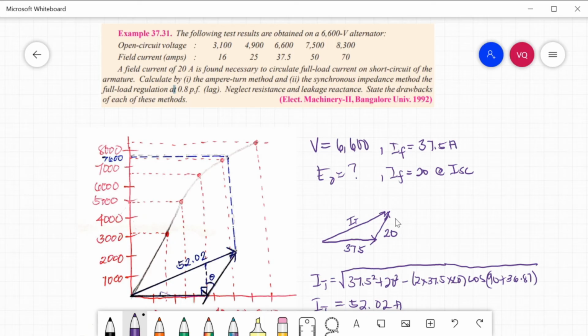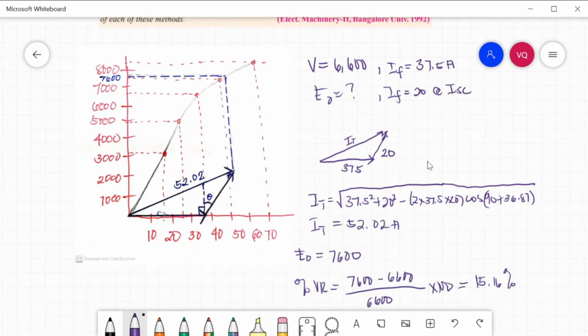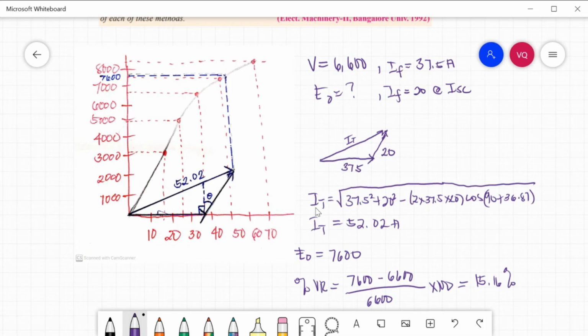Getting the value of IT, we'll use cosine law. IT is equal to the square root of 37.5 squared plus 20 squared minus 2 times 37.5 times 20 cosine of, since this is a lagging power factor, 90 plus 36.87. Our IT will be 52.02 amperes.